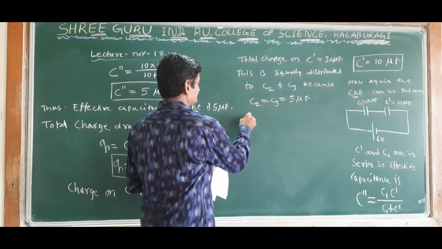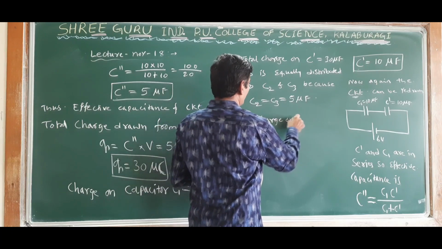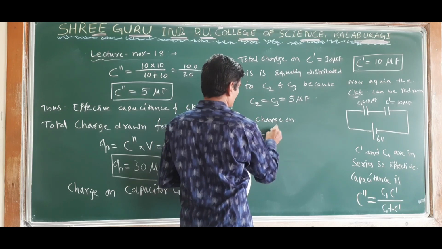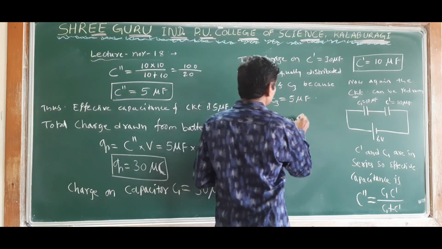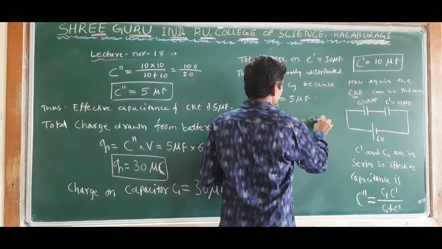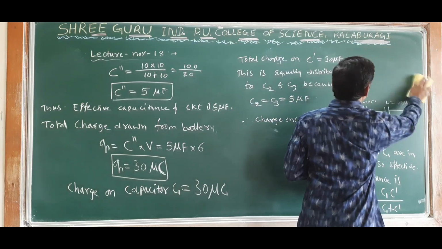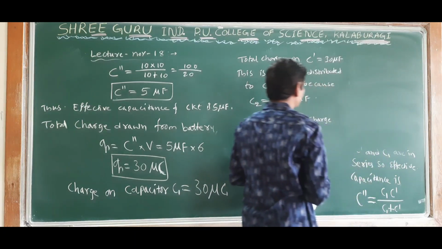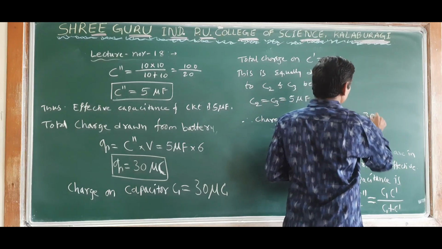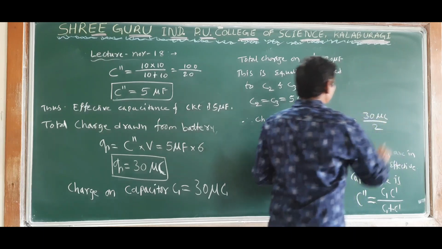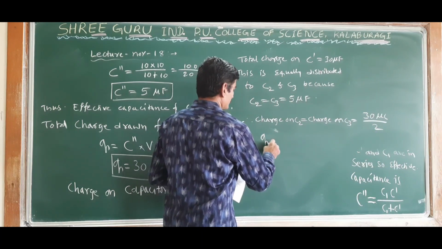So therefore charge on C2 will be same as charge on C3, and that is equal to 30 microcoulomb divided by 2. So you will write it as Q2.